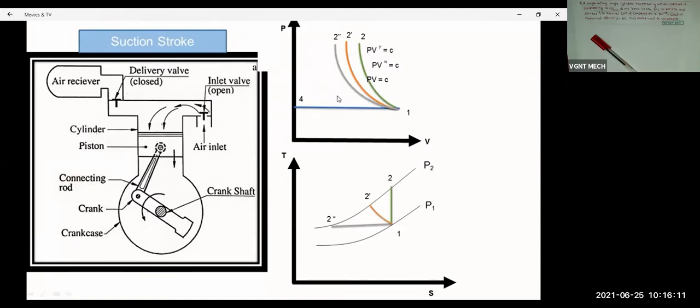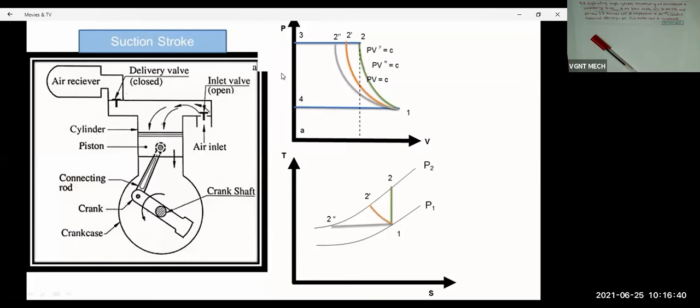After compression is completed, the delivery stroke is started, that is 2 to 3. When the pressure reaches a certain level, higher than that of the air receiver pressure, the delivery valve opens and supplies the air from the cylinder to the air receiver.